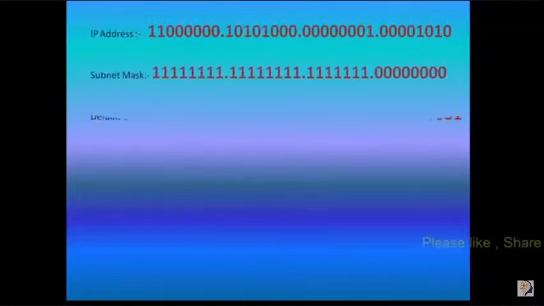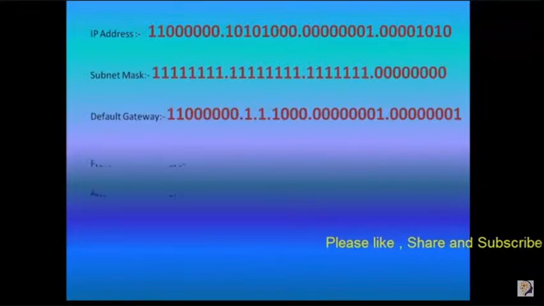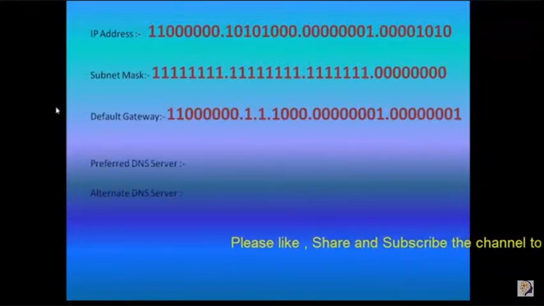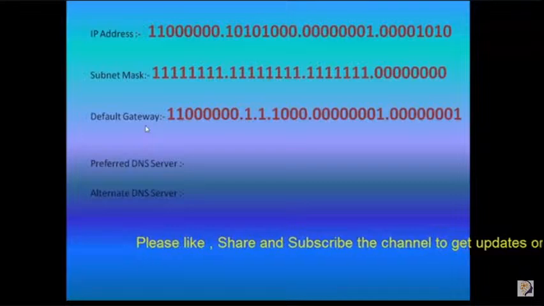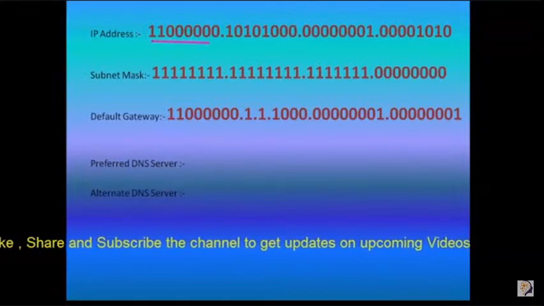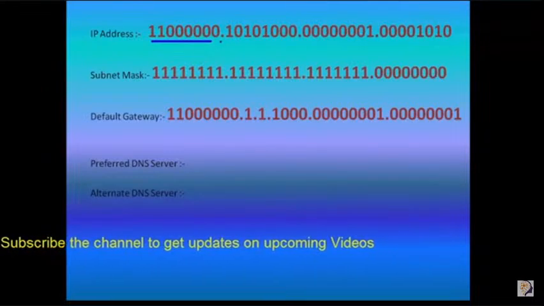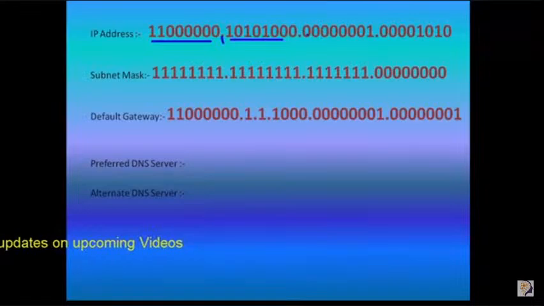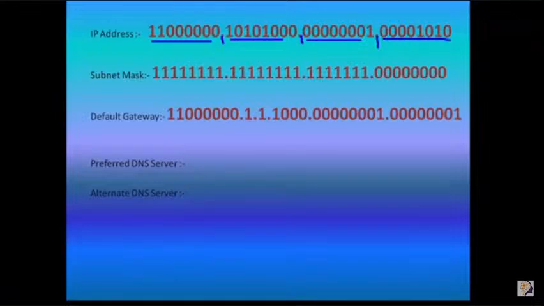So let's check the actual structure of IP. This is the actual structure of IP. 8 bits separated by a decimal point, again 8 bits, then again separated by a decimal point, then again 8 bits separated by a decimal point, and then again 8.